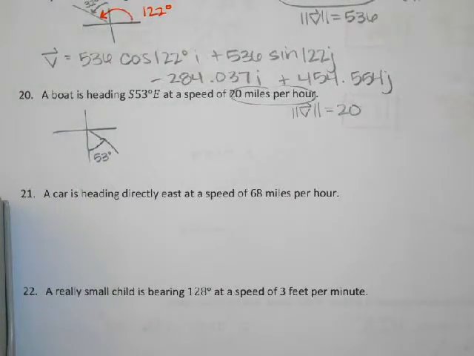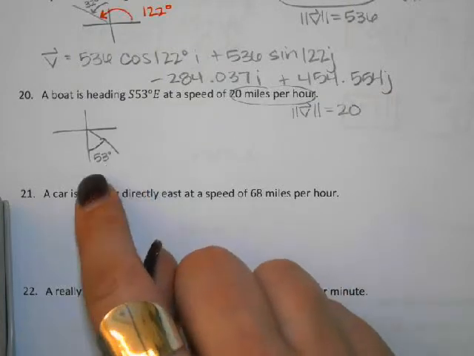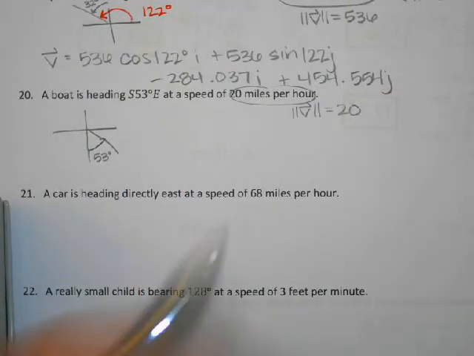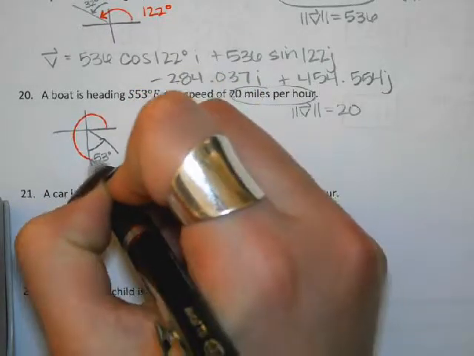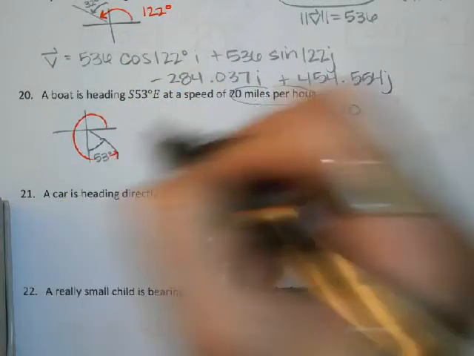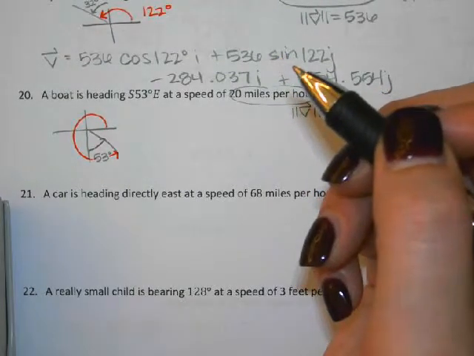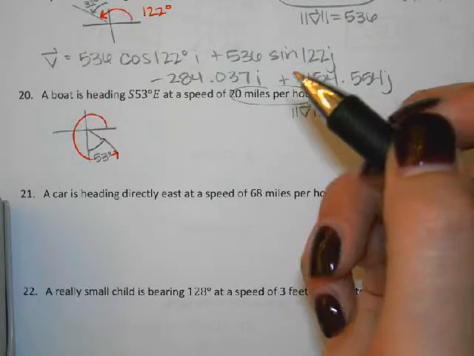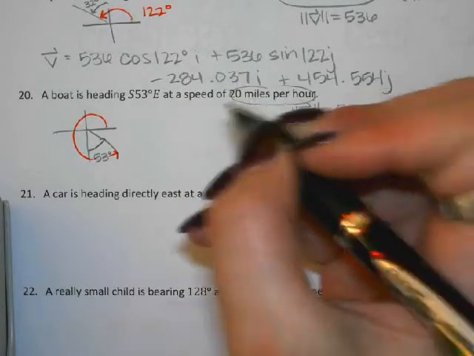The angle should be pretty big, because it's in the fourth quadrant. So it'd be somewhere between 270 and 360. 323? Is that what it is?